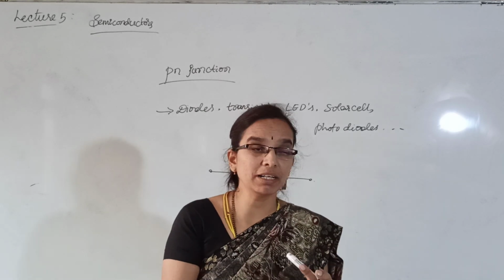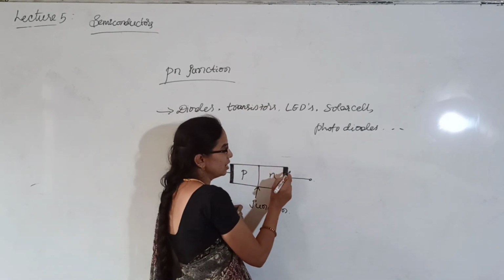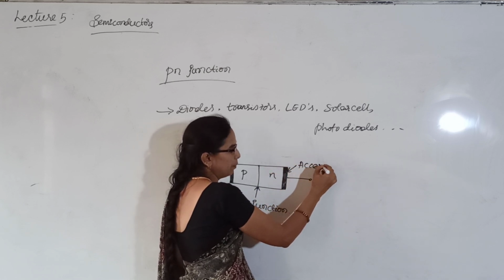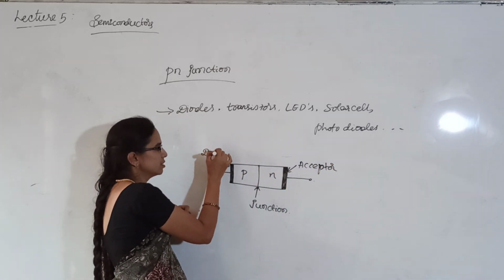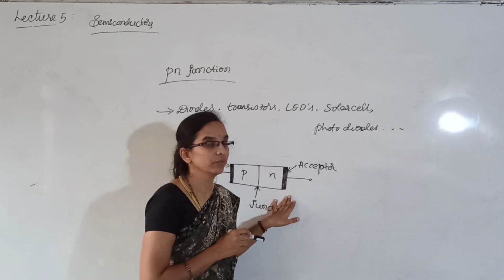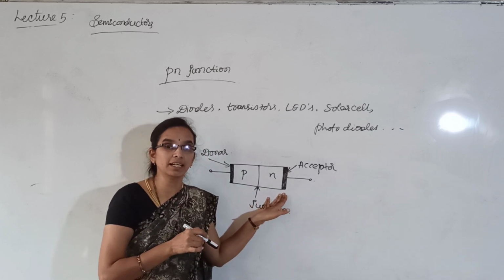What happens if you dope with the acceptor impurities? You will get n-type semiconductor. This side, the single silicon crystal is doped with acceptor impurities or pentavalent impurities, and donor impurities on this side. What happens if the silicon crystal is doped with the acceptor impurities? You will get n-type semiconductor.